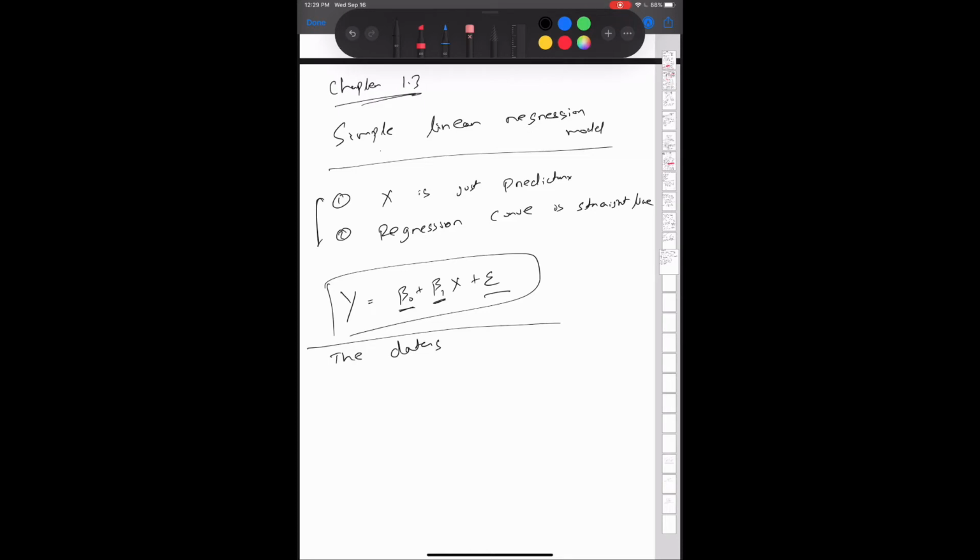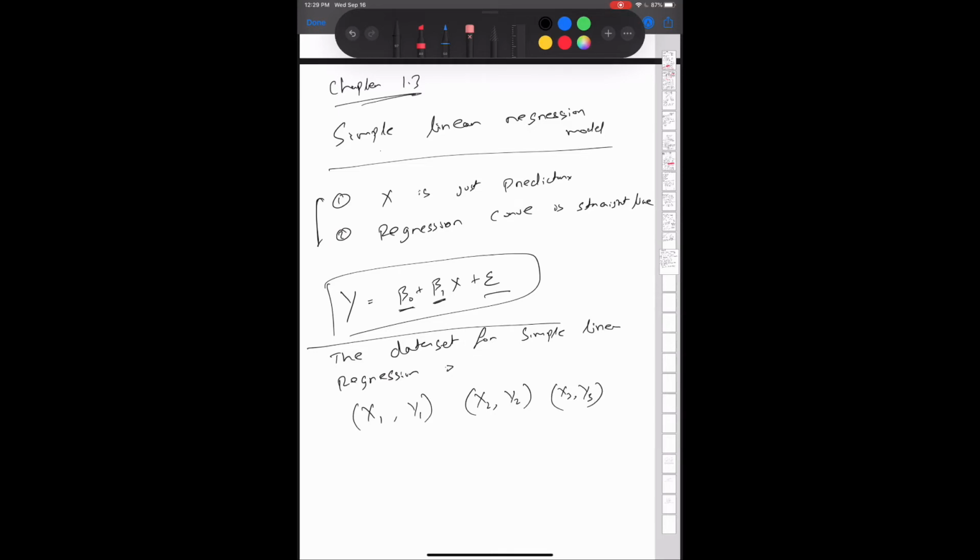The data set for a simple linear regression is basically this. For each person, I have x1 and I observe y1. That's the first person. I observe x2 and I observe y2. And I observe x3 and I observe y3.